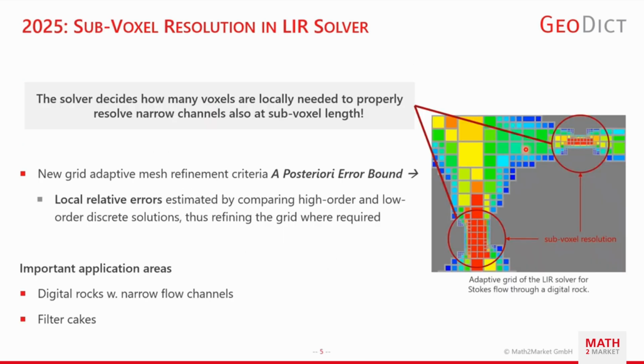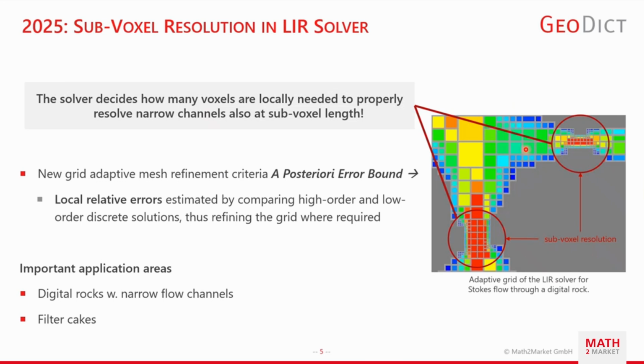And what's now new in 2025 are the new error bounds for the mesh refinement and the sub-voxel resolution available that can numerically refine the grid for flow computation.